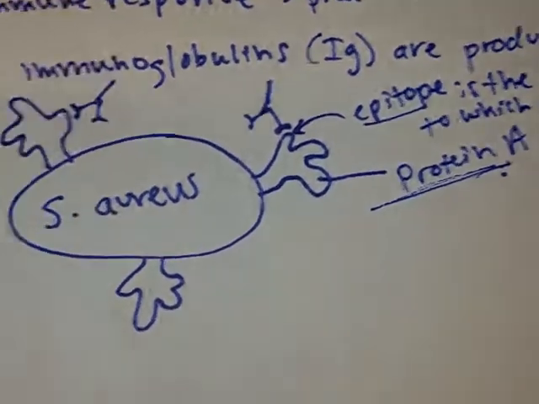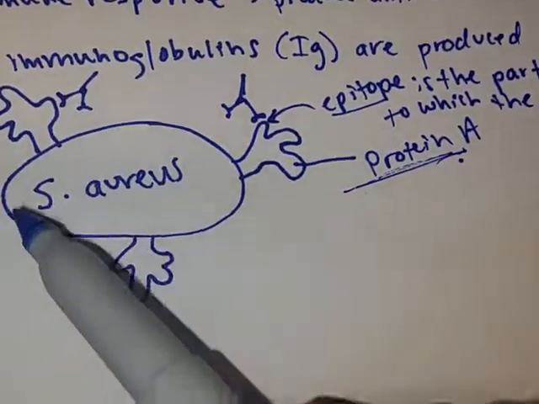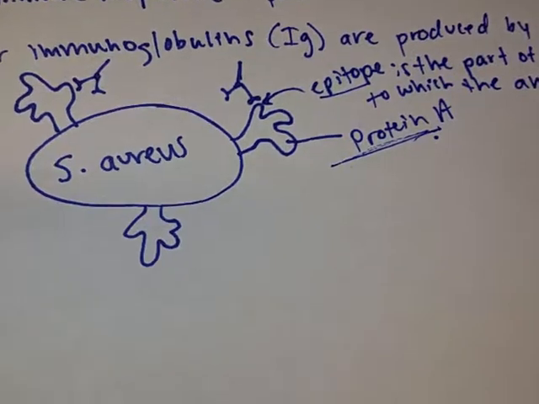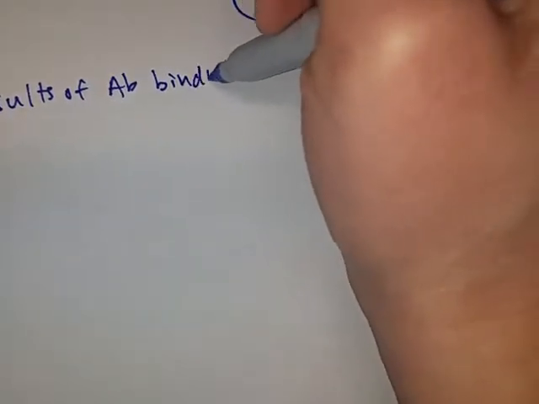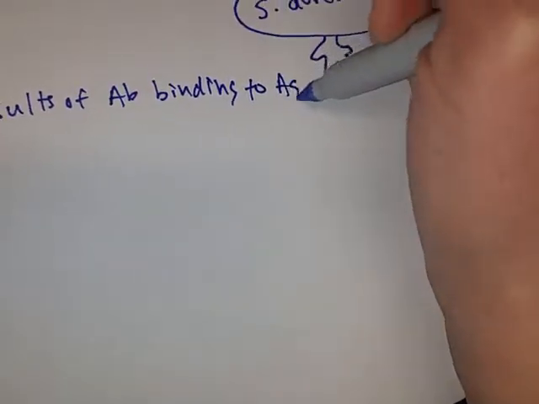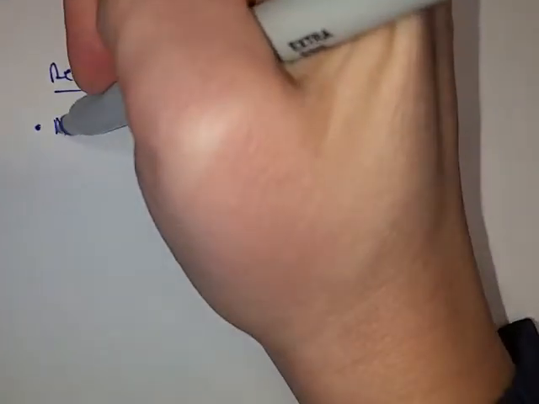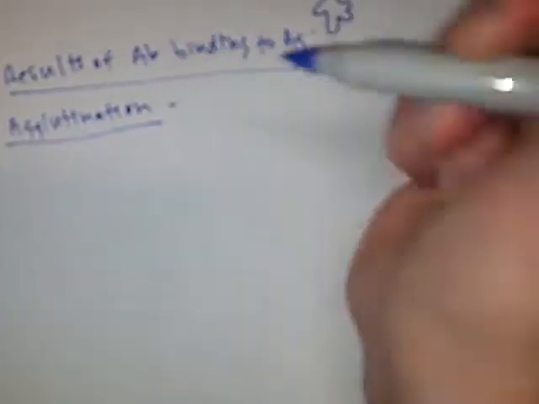What's the whole point of antibodies binding to different antigens? Why do we care? Different things can happen when antibody binds to antigen. We've already learned about one in class: agglutination.